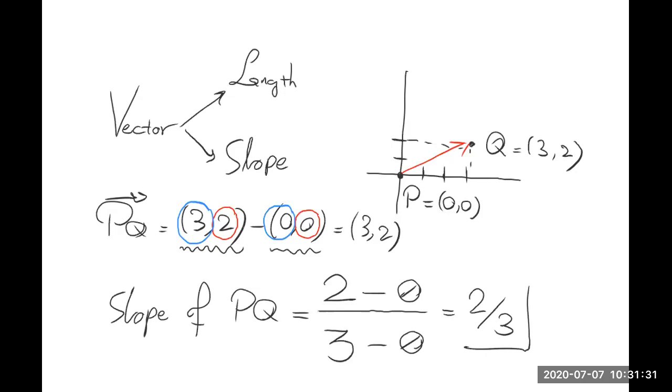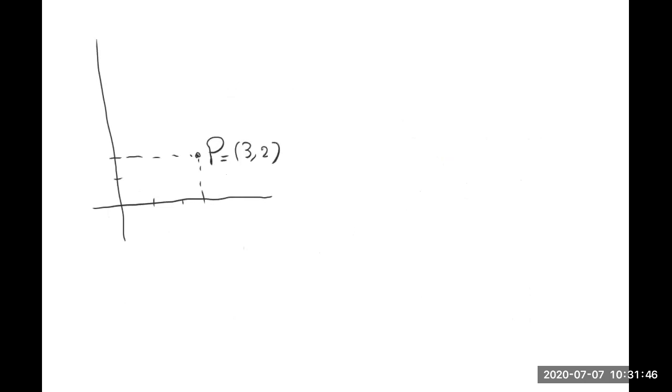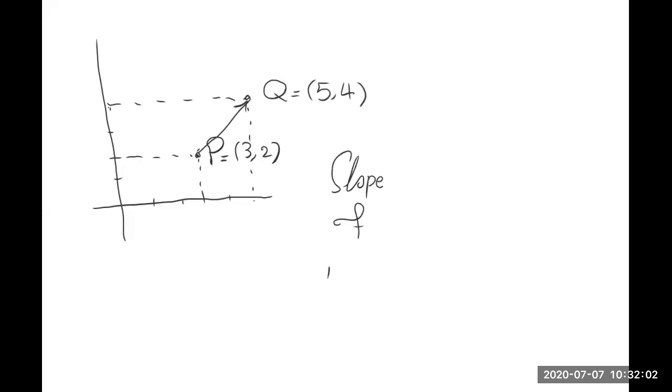Let's compute it for another vector too, and then I will tell you what this thing means. So let's look at another vector. Suppose we have a vector connecting a point P, whose coordinates are 3 and 2, and another point Q, whose coordinates are 5 and 4. And this is PQ, the vector connecting them. The slope of PQ means, okay, look at the y coordinates.